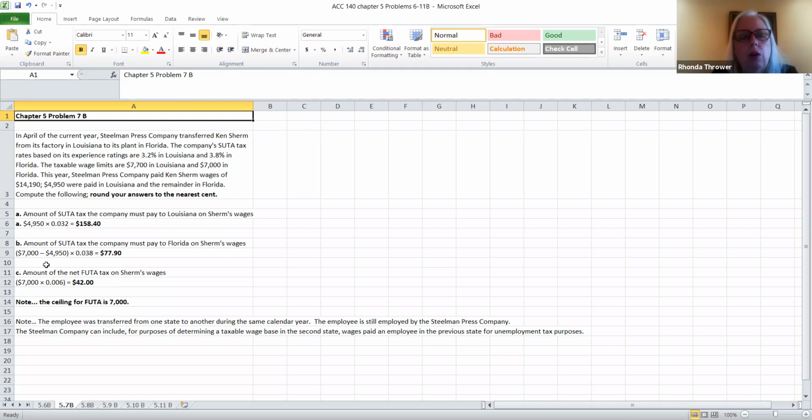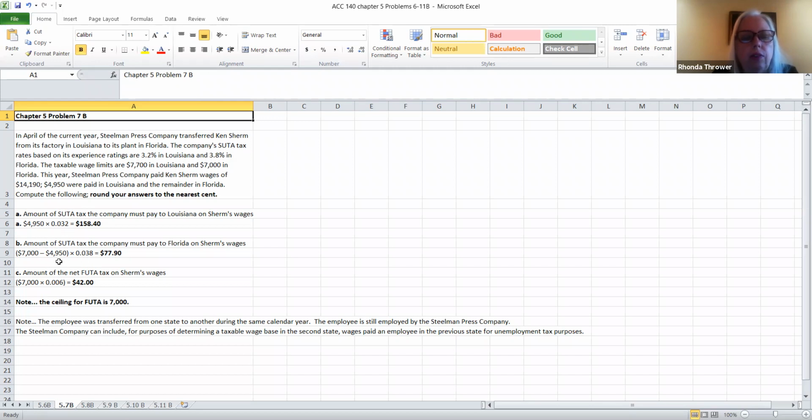Since we've already paid the state of Louisiana state unemployment tax based on $4,950 of wages that were performed in Louisiana, and since Florida's ceiling was $7,000, the difference between the ceiling in Florida and the wages that we paid taxes on in Louisiana is what is subject to Florida's tax rate.